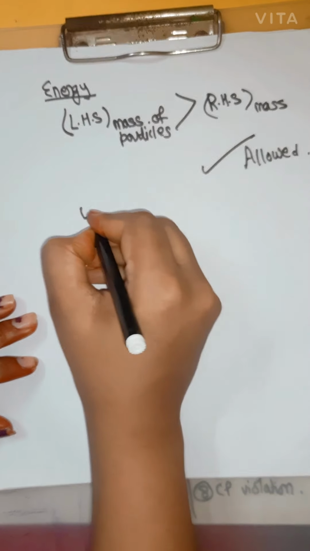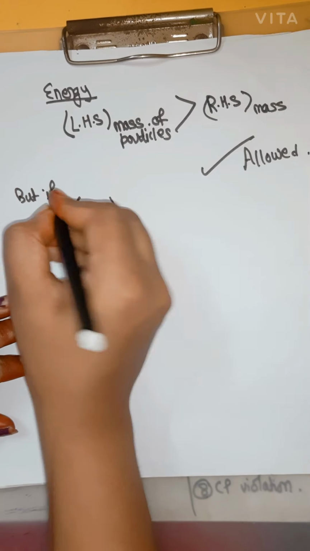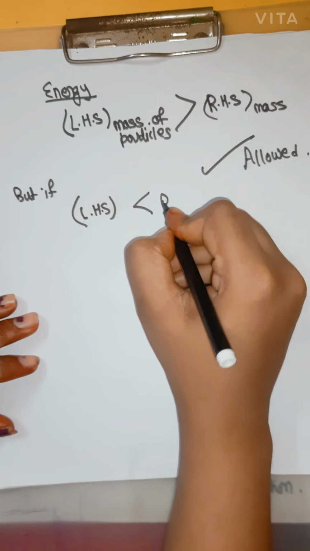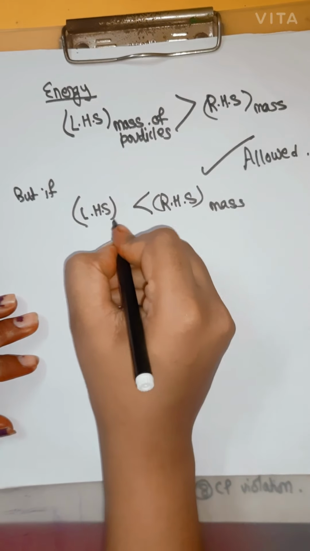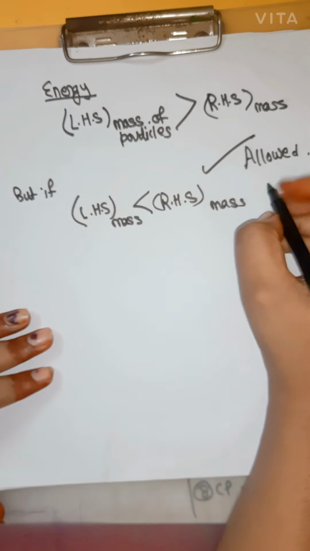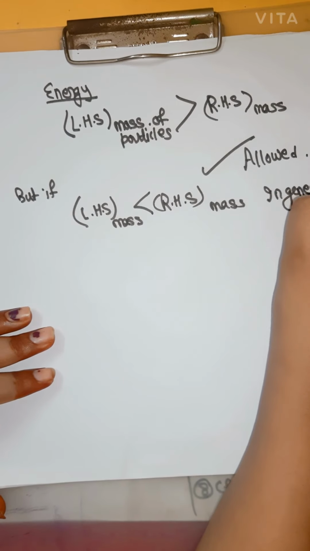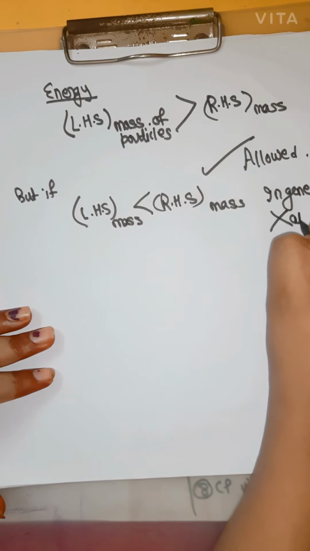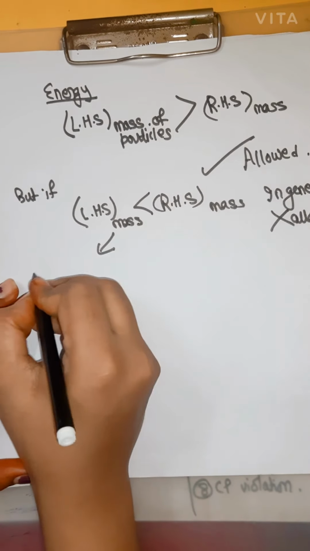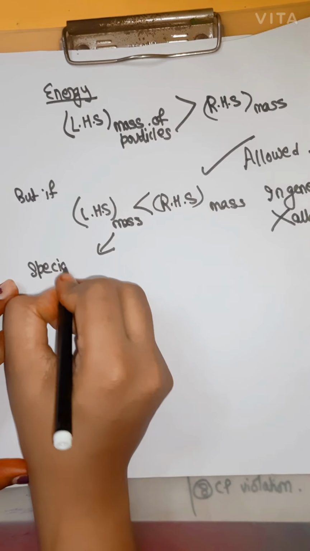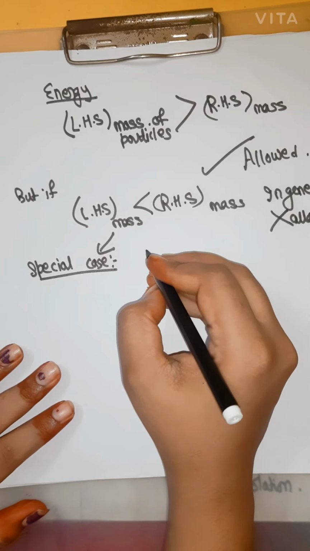But if the left hand side mass of particles is less than the right hand side mass of particles, then in general it is not allowed. But here also we have a special case, in which it is allowed. When is it allowed?